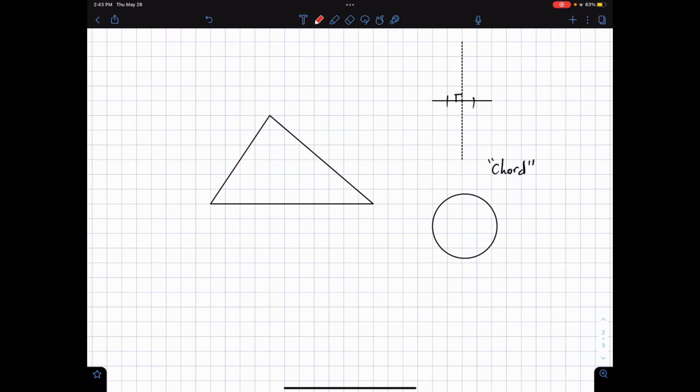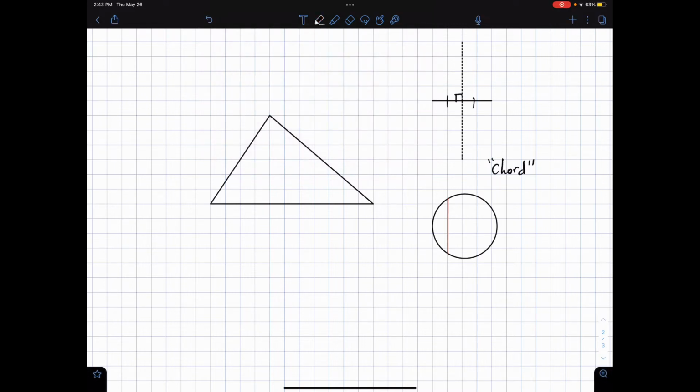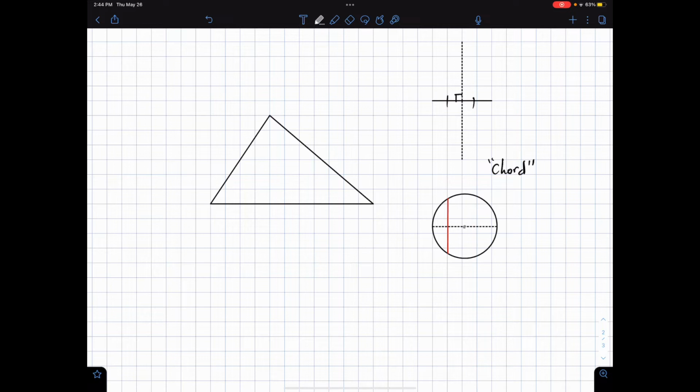Sorry, I'm not the best at drawing diagrams by hand. We can just eyeball it and get pretty close. The perpendicular bisector of this is going to be about right there, and that passes through the center of the circle, which, just eyeballing it, is about right here.